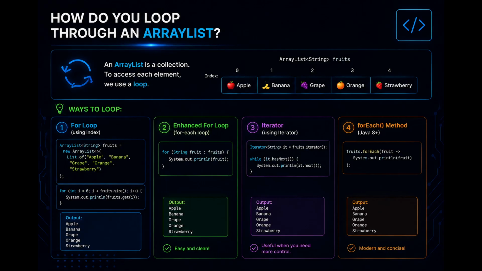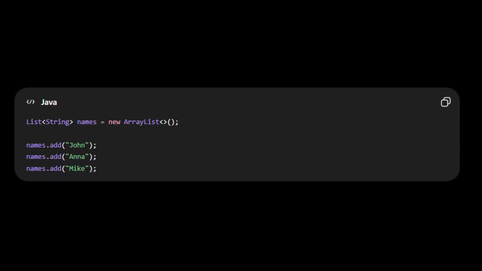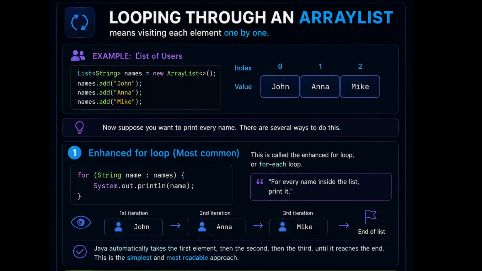How to loop through an array list? Looping through an array list means visiting each element one by one. For example, imagine you have a list of users. Now, suppose you want to print every name. There are several ways to do this. You can use the enhanced for loop.